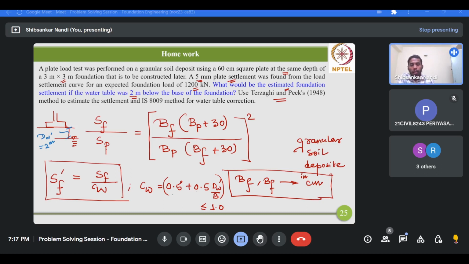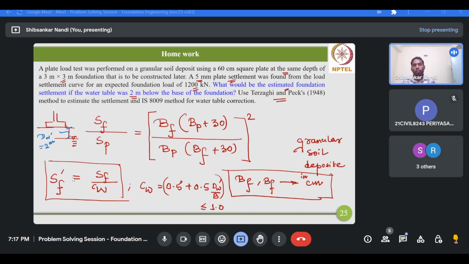So therefore you can easily calculate the CW. Once you know the CW, you just divide the uncorrected settlement by the correction factor corresponding to the water table. So you can easily get the corrected final or estimated settlement of the given foundation of size 3 meter by 3 meter.